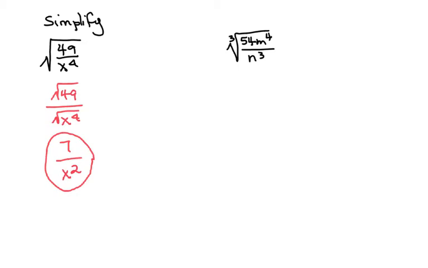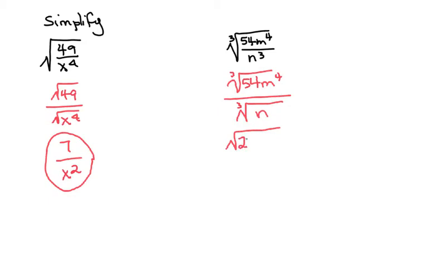And this other one, we're taking the third root. Again, we'll split them up, numerator and denominator. Now in the numerator, we're going to have to do some work to get perfect cubes out of here. So what perfect cubes do we have?